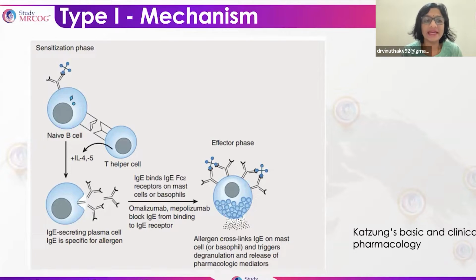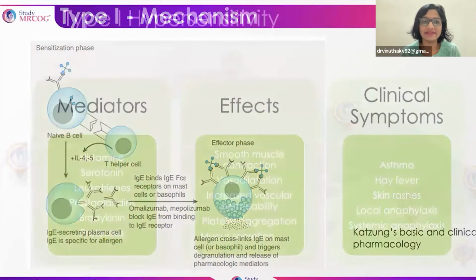Then in the effector phase, this stimulates release of many mediators like histamine, serotonin, bradykinin, and many other things. This is the mechanism by which type 1 acts.